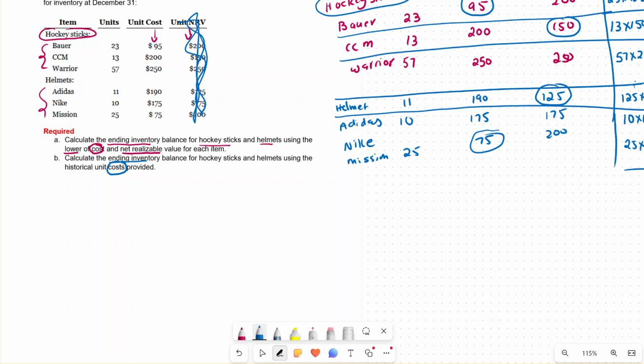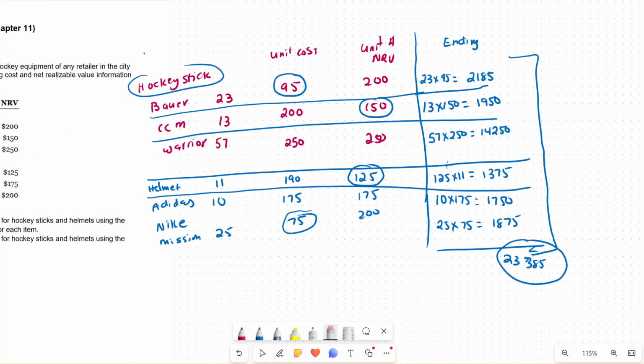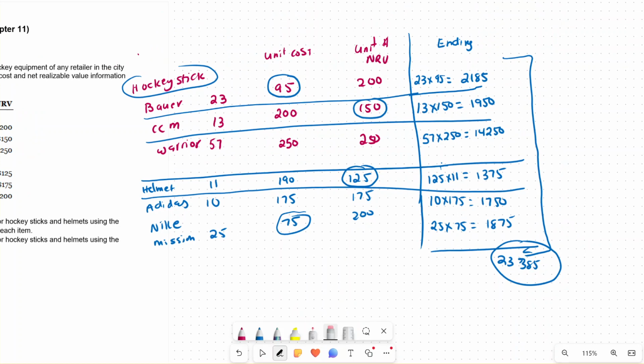So I'm just going to use the same spreadsheet, the same schedule I just did.